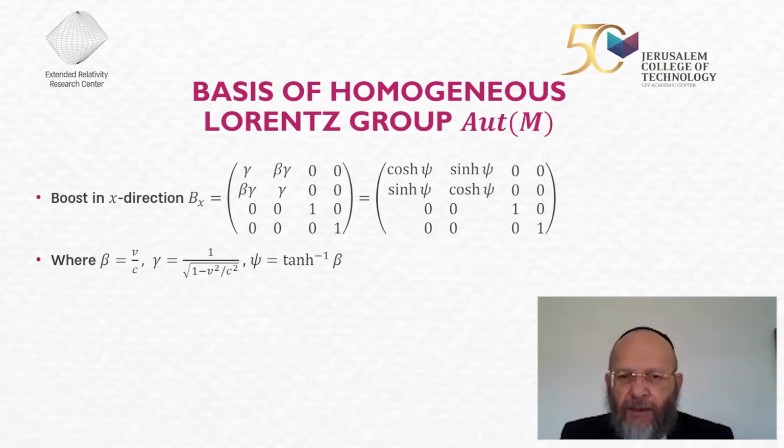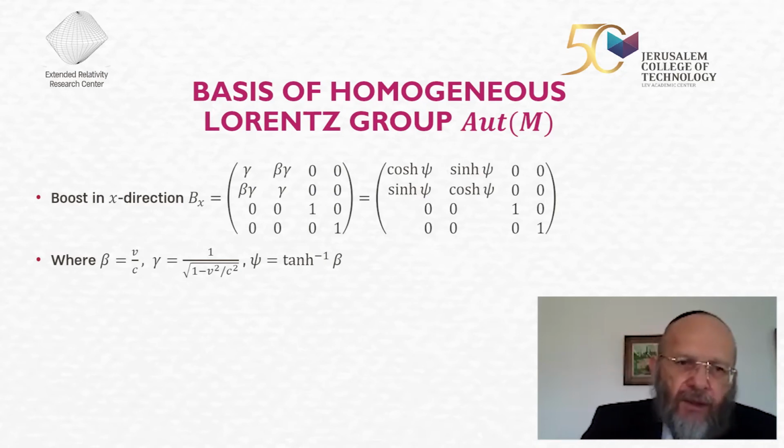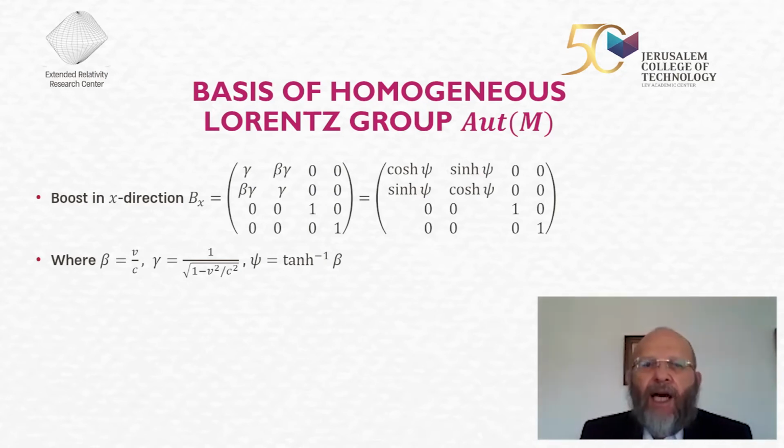We can change it to hyperbolic functions, sinh over cosh, by introducing psi such that tanh of psi is beta, because sinh over cosh is tanh, and we define psi this way. So really, it is some kind of hyperbolic rotation.